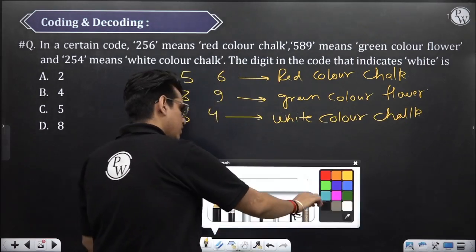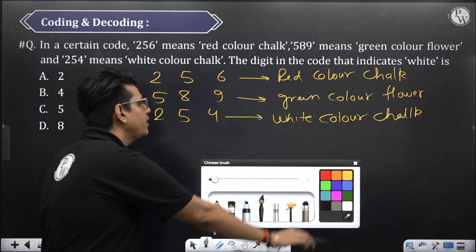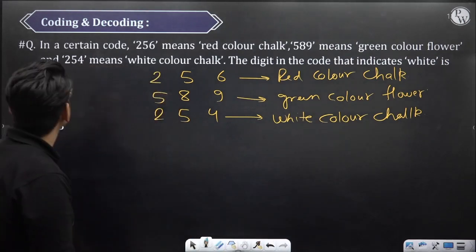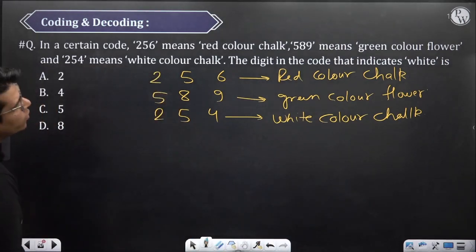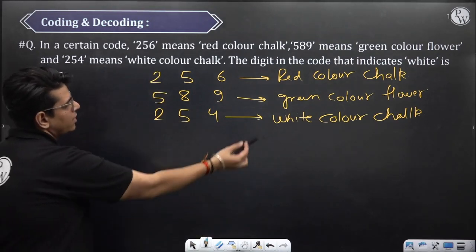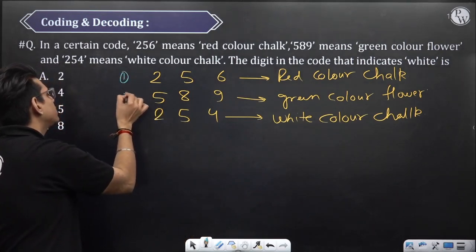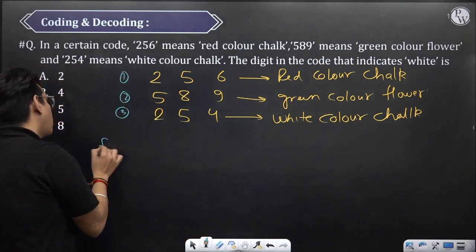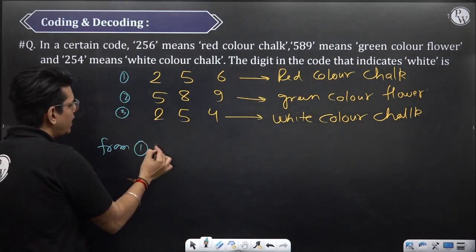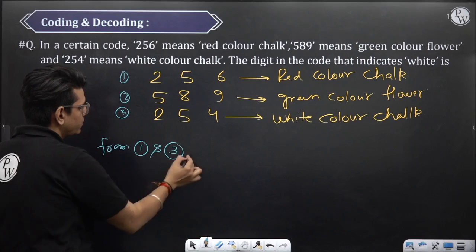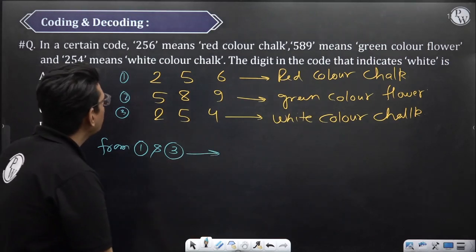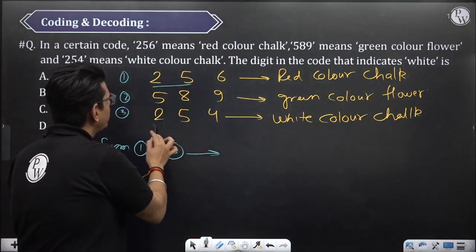Now let's solve this. We need to find which digit code indicates white. White is here. Now I can see this is my first, second, third. From 1 and 3, 2 and 5 are common.